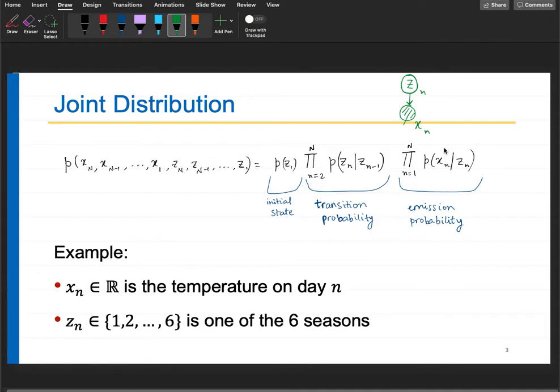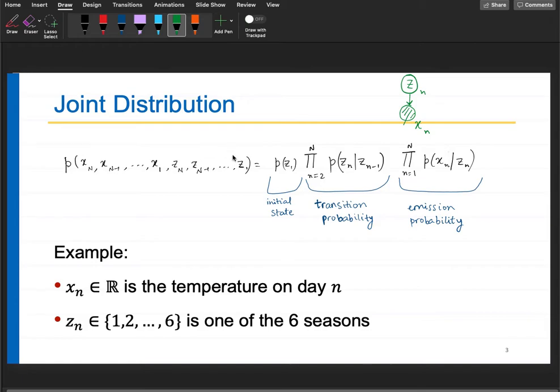Z is a discrete random variable, which means I have a finite set of possible underlying distributions. So this is the general discrete latent variable model.